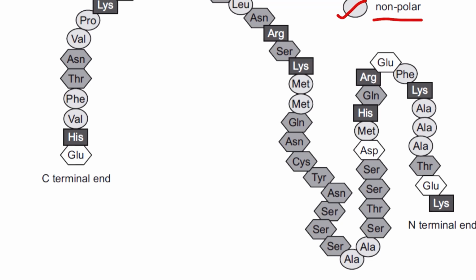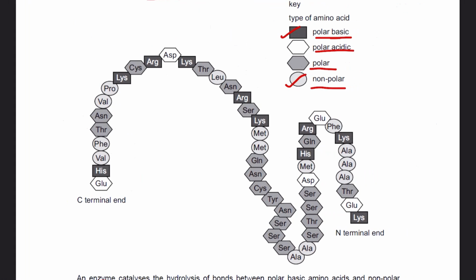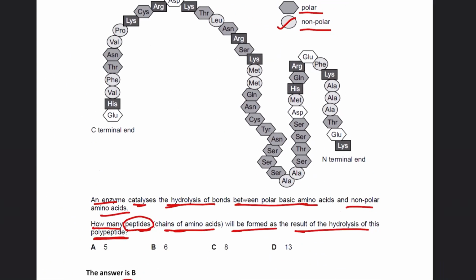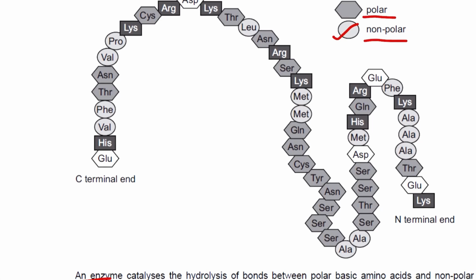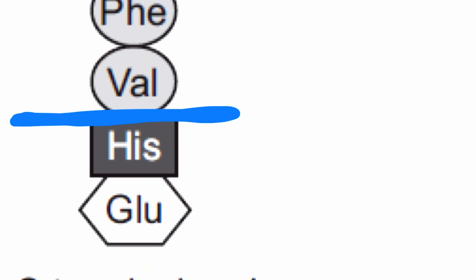What we need to do is break or hydrolyze between the circular amino acid and a box, because box is polar basic and circular is non-polar. So the first point where the break will occur is between valine and histidine, because this is the bond between a polar basic and a non-polar.